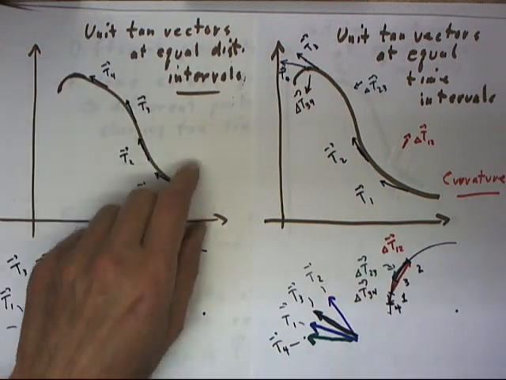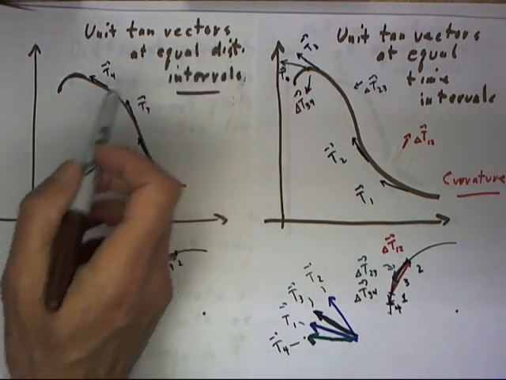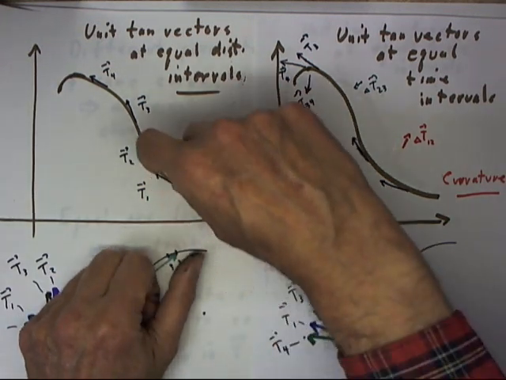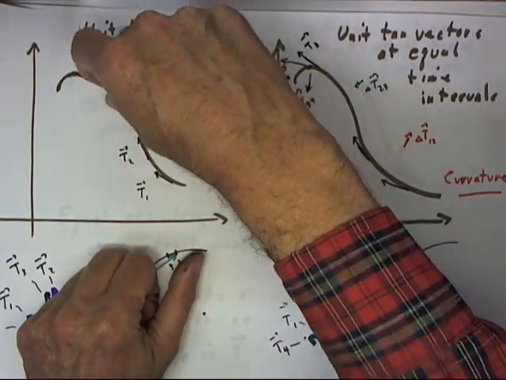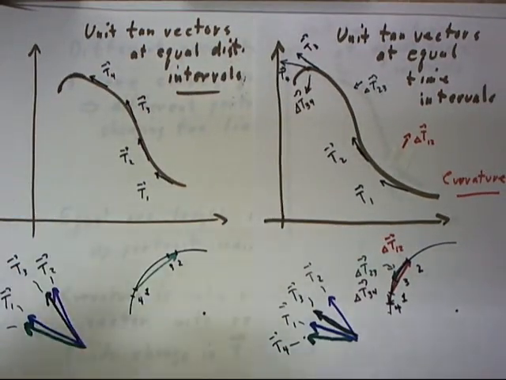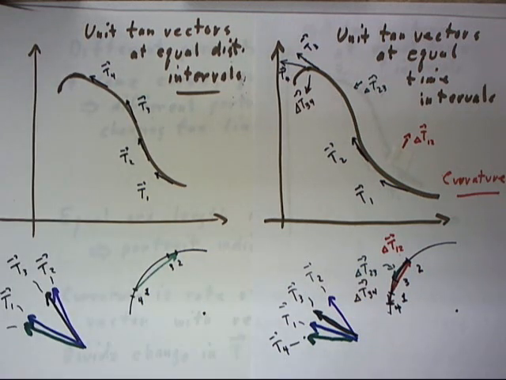Now, if we look at the unit tangent vector at equal distance intervals, then we're going to get something that plausibly indicates curvature. So we have more or less equal intervals of distance here. Now, of course, distance is measured along the curve, not as a straight line between points.